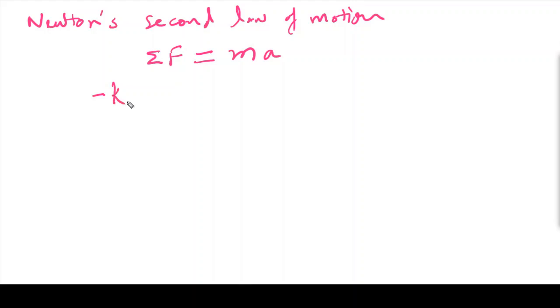So k1 x1 plus k2 (x2 minus x1) will be equal to mass m1 and its acceleration, that will be x1 double dot.